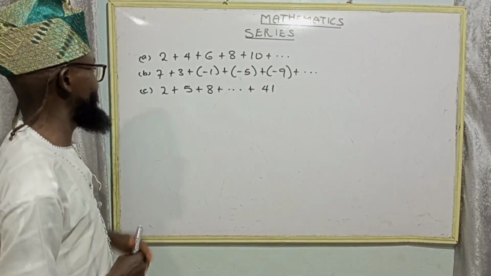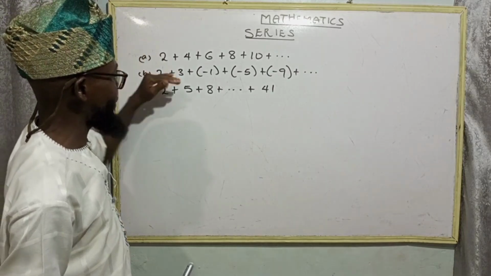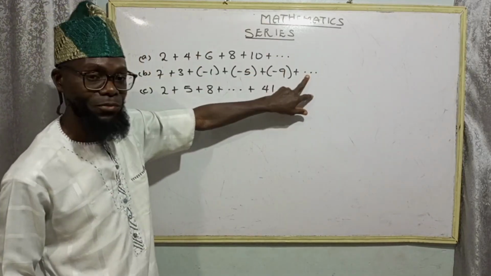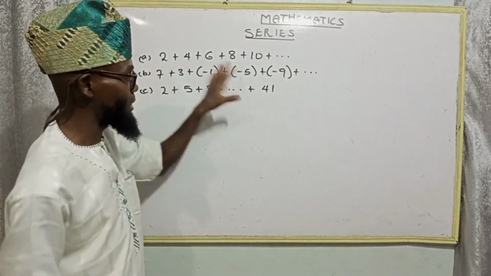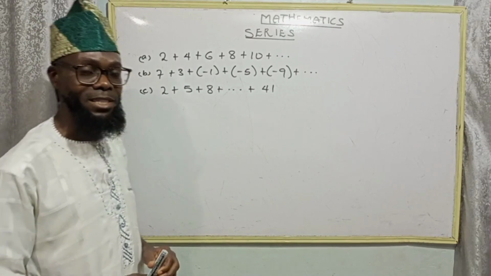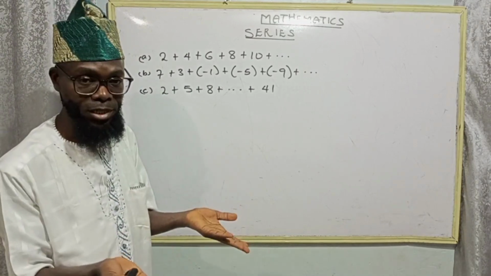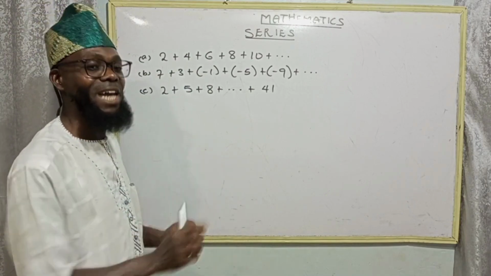If you look at A and B, you can see that these series keep continuing after their addition. We have three dots after them. It means that these terms cannot all be added, meaning that the total of the series cannot be gotten. So this type of series is called an infinite series.